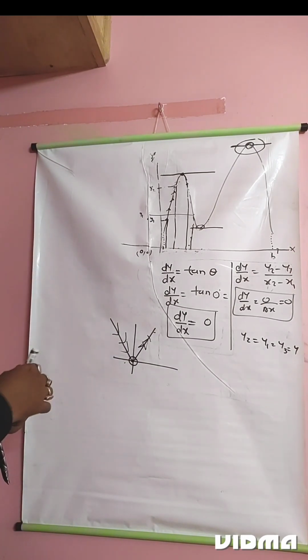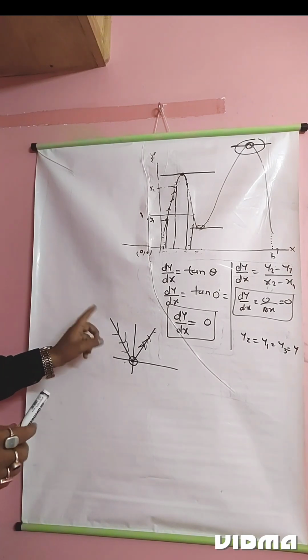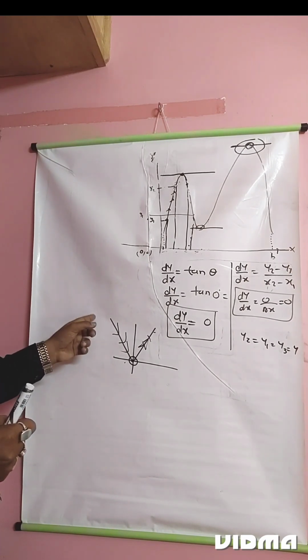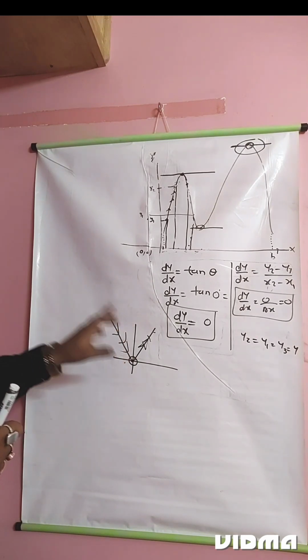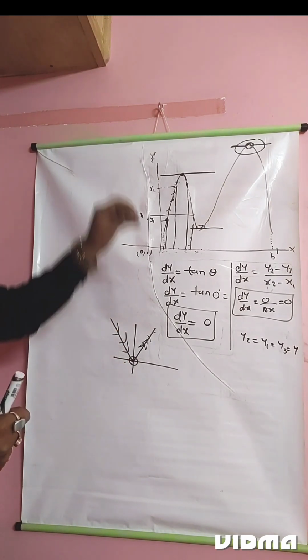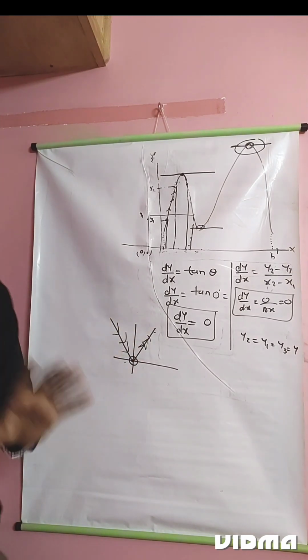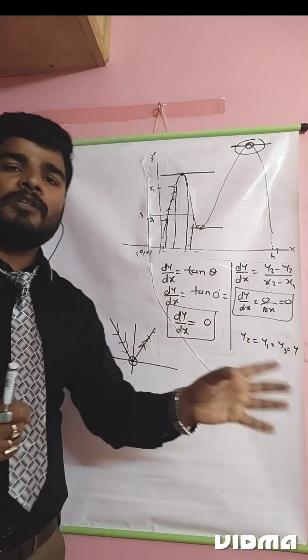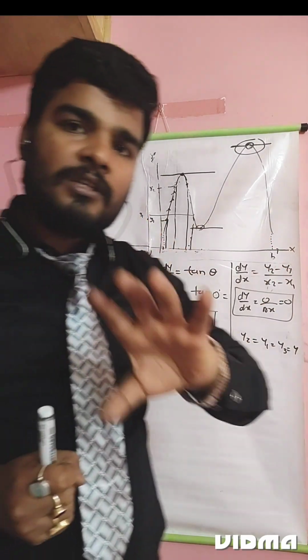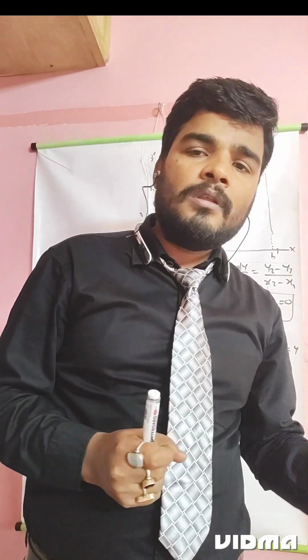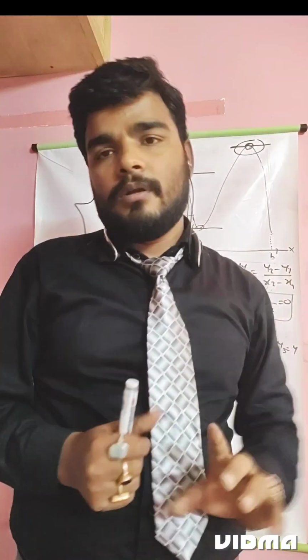It is also important to note that at a critical point, it need not be true that the function is differentiable. There are some critical points at which the function is not differentiable. That means if x equal to a is a point where the function is not differentiable, that is a critical point.